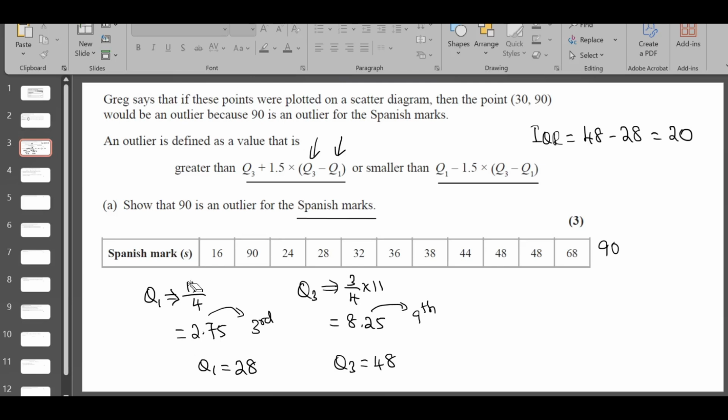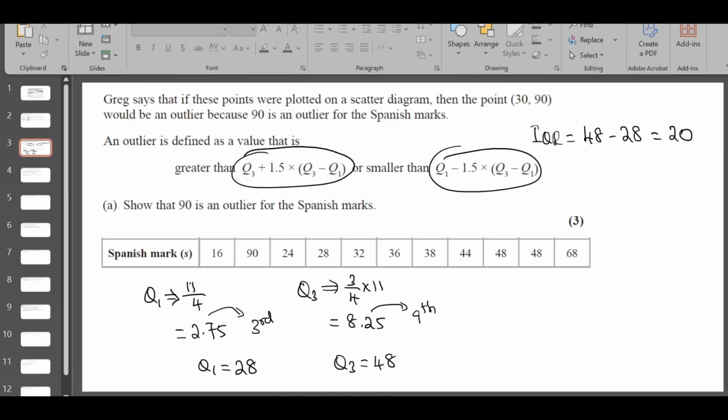So we got all these values now. Now we need to calculate this and this. Q3 plus 1.5 times Q3 minus Q1, that's the interquartile range. 1.5 times 20 is 30. Q3 is 48, so you get 78. And then Q1 is 28 minus 1.5 times 20. 28 minus 30 is negative 2.